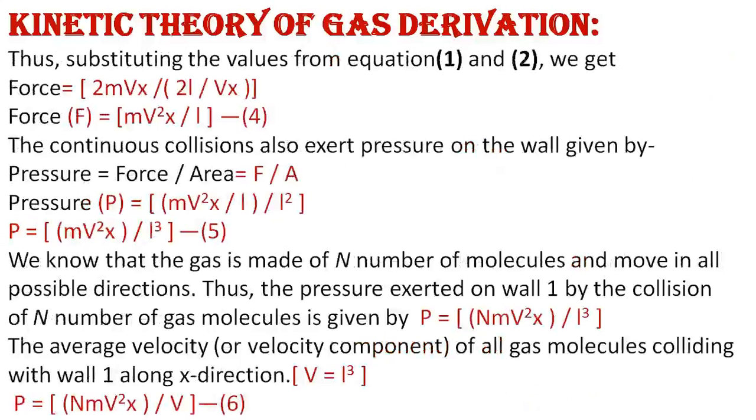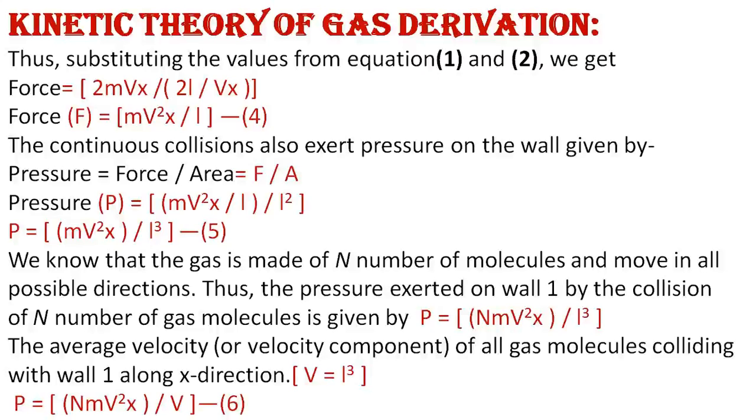Now we put the values from equations 1 and 2, so force is equal to 2mvx over 2L over vx, so force is equal to mv square x over L. The continuous collisions also exert pressure on the wall, given by pressure equals force over area A. So pressure is equal to mv square x over L, divided by L square, which gives P equals mv square x over L cubed.